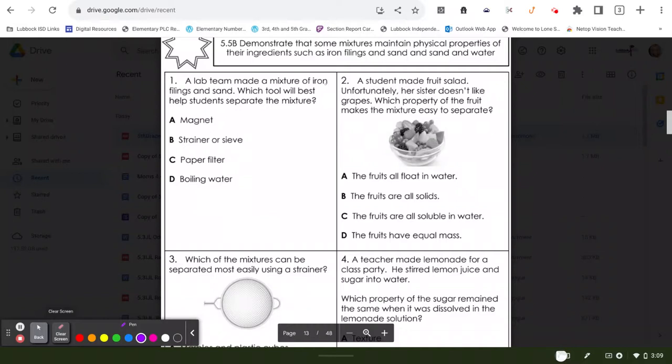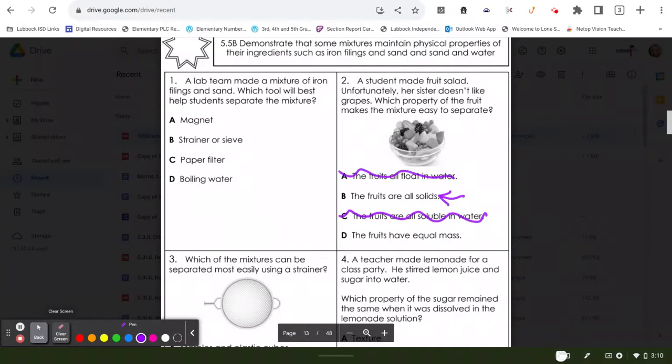Okay, I know immediately I can get rid of C. These are not soluble in water. If I put them in water, they are not going to dissolve. Okay, they are all solids. Remember, we have said over and over again on these questions, don't assume. Do we know that all the fruits are going to float in the water?